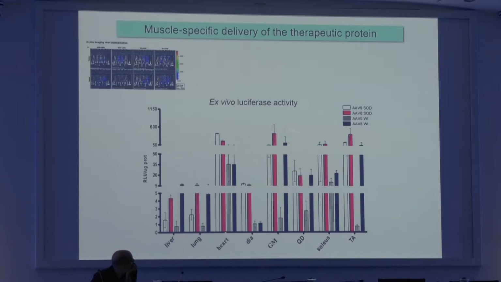And you see here that we have very high levels of activity in these muscles compared to liver and lung, for example, where we only have background levels. So this promoter is specific and efficient, infecting the muscle, and the animals that already have manifest symptoms of the disease can be efficiently infected also with a vector.